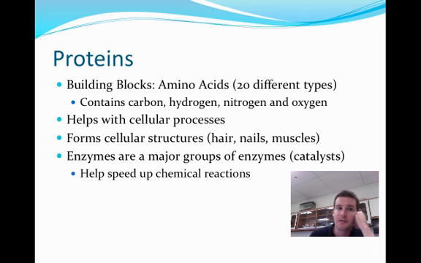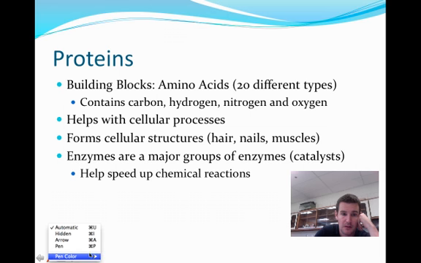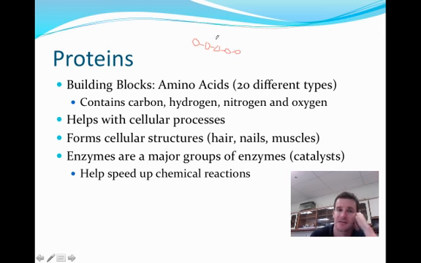Third one is your proteins, okay? And a protein, it's hard to draw a protein, so all I'm really going to do is draw what it kind of has a general shape. And really what it is, is just a chain of these building blocks called amino acids, okay?